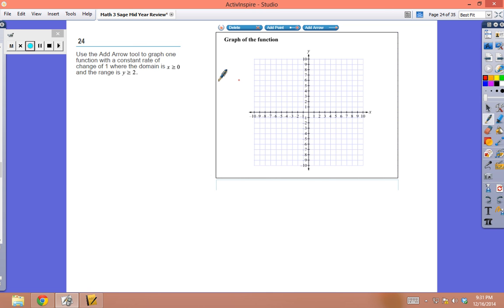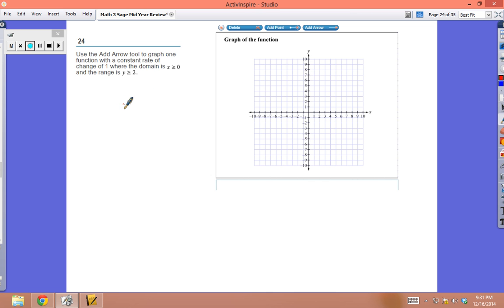Okay, 24. So make your own graph that has a constant rate of change of 1, where your domain is x is anything greater than 0. So on the x number line, you've got to do anything greater than 0.